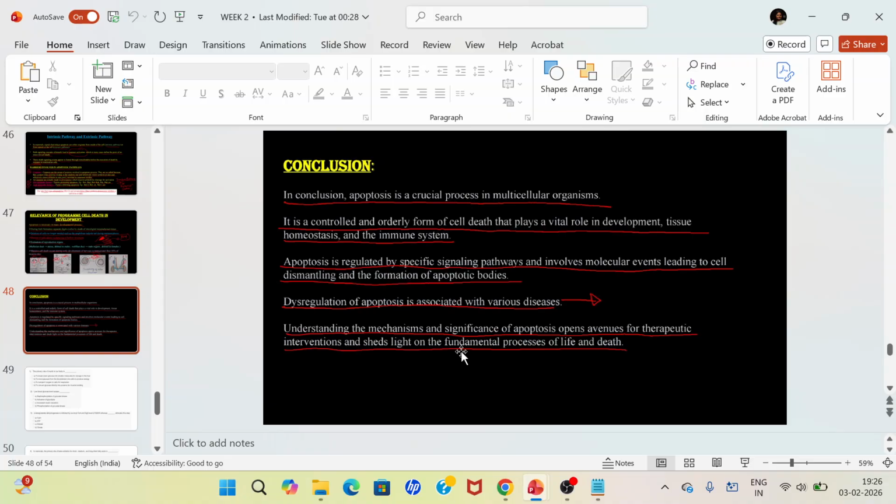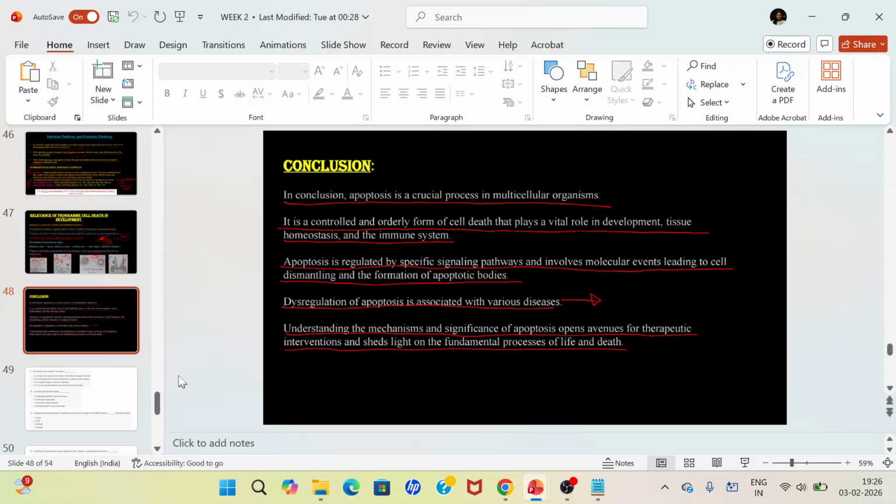So apoptosis is a must process which is required to maintain harmony and homeostasis inside the body. Okay, so it is a very important process. The dysregulation of apoptosis is associated with various diseases. Okay, so it can lead to many serious illnesses. That's why it is important that a cell undergoes programmed cell death.